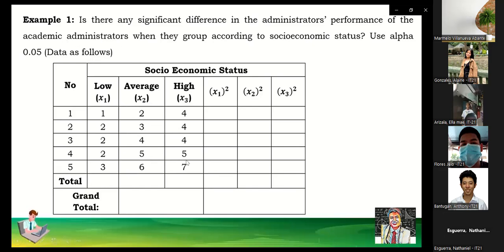Since there are 3 groups, low, average, and high, we cannot use the t-test. Since it is more than 2 groups, what we will use is ANOVA.